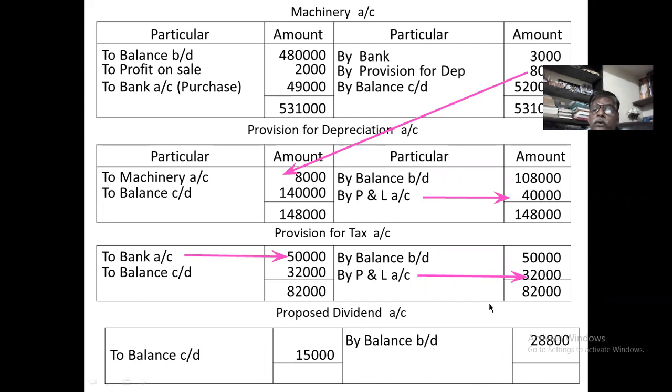Then proposed dividend for the year, by P&L account 15,000 is the provision made during the year. You take the total 43,800. The difference is 28,800. This 28,800 is to bank. To bank means it is dividend paid. So this amount you have to take.